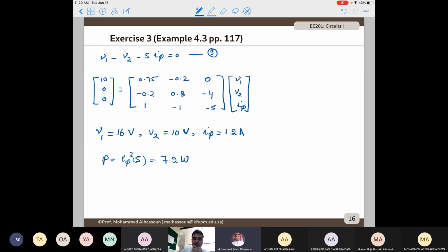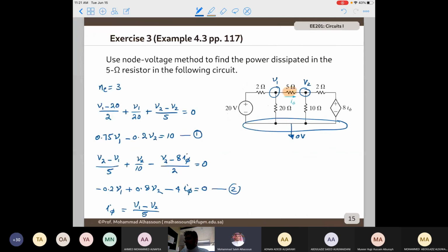Okay, you see that the only complication that the dependent source added to the circuit was introducing a new constraint equation that relates the variable of the dependent source to the node voltages. If this was an independent source, then we would end up with two equations and two unknowns.